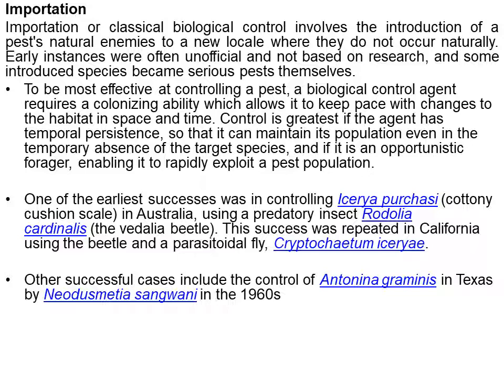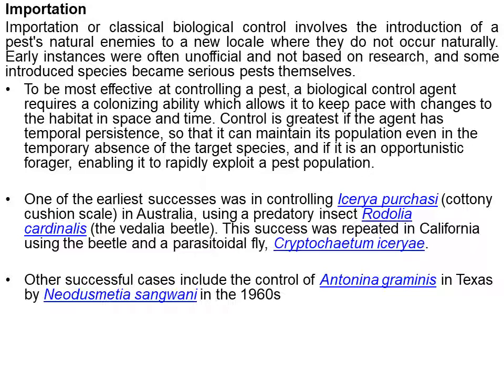Importation, or classical biological control, involves the introduction of a pest's natural enemies to a new locale where they do not occur naturally. So, in importation, the predators or the parasites, whatever they are, the natural enemies of that particular pest insect, are brought from outside the local area where the insect is a pest.